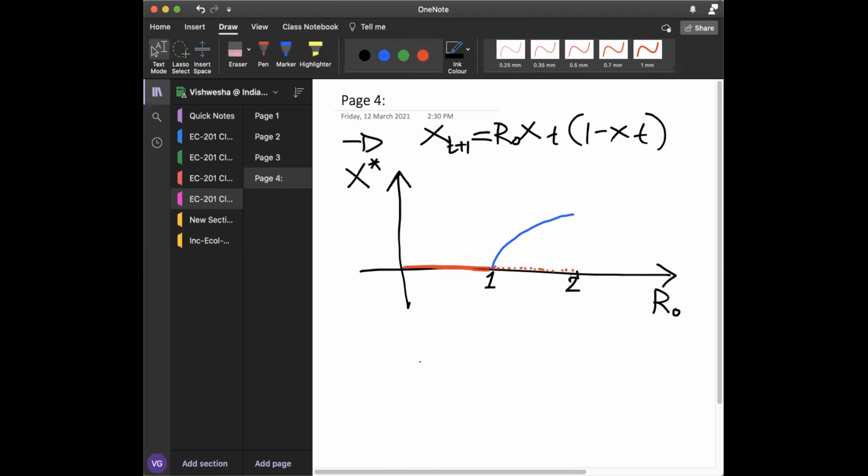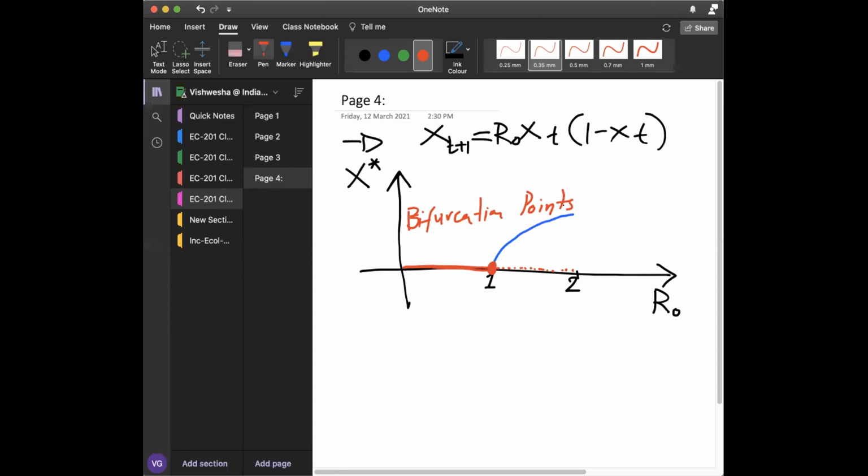This diagram has a name. Okay, so you're seeing something here. You're seeing that there is an equilibrium state, extinction, and that extinction equilibrium becomes stable to unstable at this point, right? And a new stable equilibrium emerges beyond 1. Okay, so these kind of points, they are called bifurcation points.